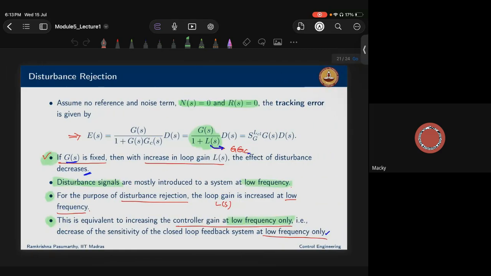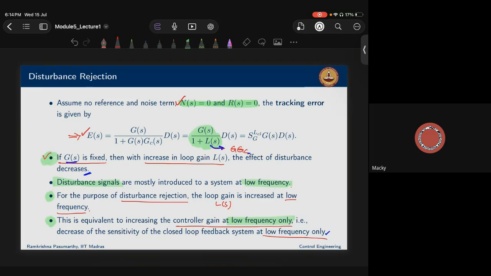Okay, so these are the four things. Then finally we have these two things. How do we reject the disturbance, or how do we nullify the noise? For example, in the same closed loop system, make these two inputs, noise and reference input, zero in the error equation we had previously.